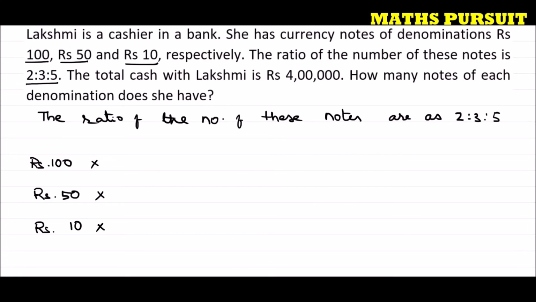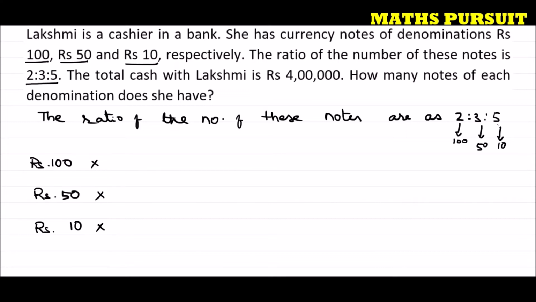That means 2 is for 100 notes, 3 is for 50 notes and 5 is for 10 notes. Because the question has given us currency notes of denominations rupees 100, 50 and 10 in a particular sequence, the ratio will be in that sequence. 2:3:5 will also be of that sequence, 100, 50 and 10.